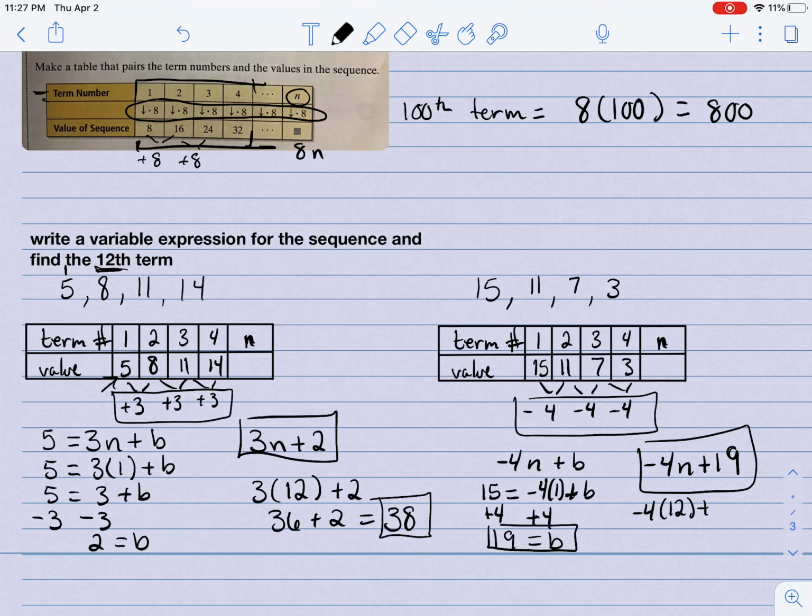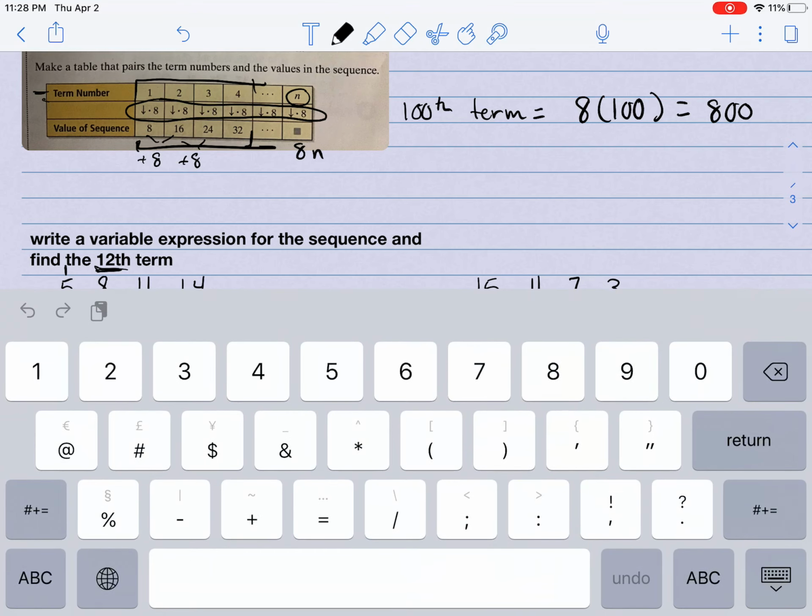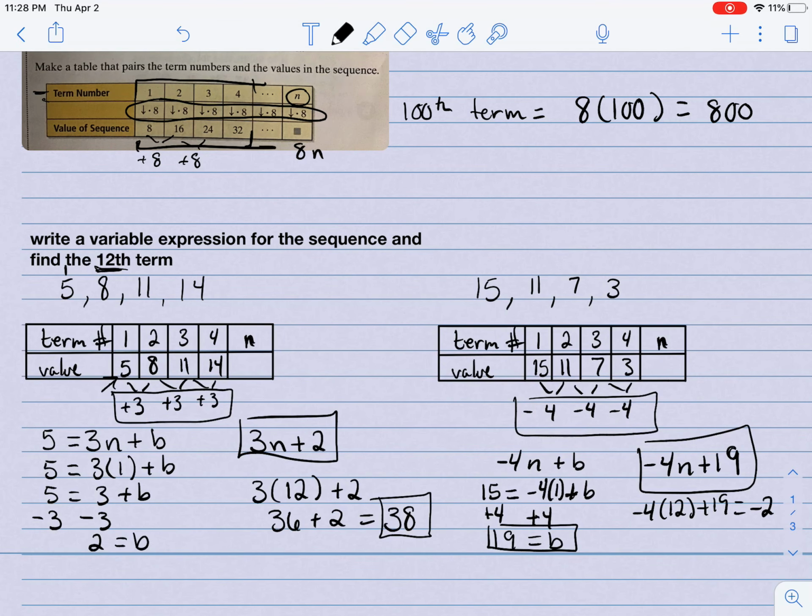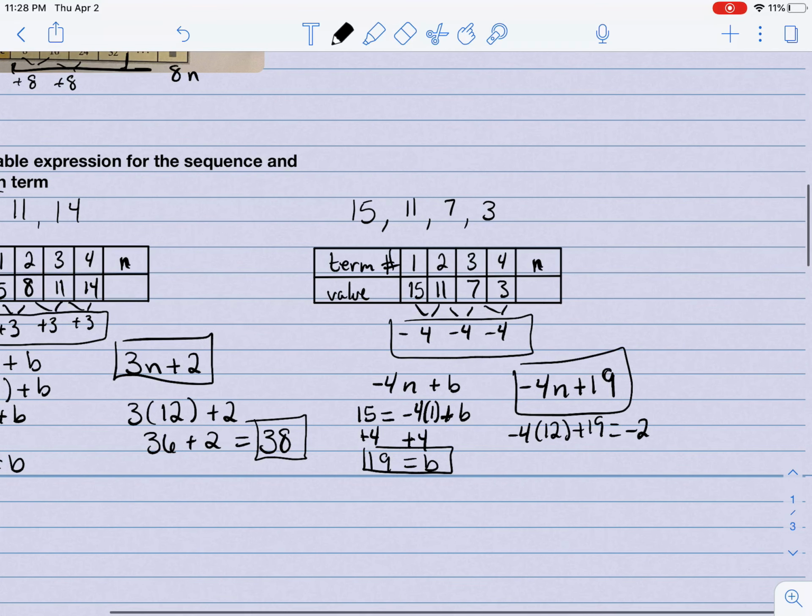So that would be negative 4 times 12 plus 19. Negative 4 times 12 is negative 48, plus 19 is going to give us negative 48 plus 20 would give us negative 28, and we're just going to subtract 1 from that, so it's negative 29.